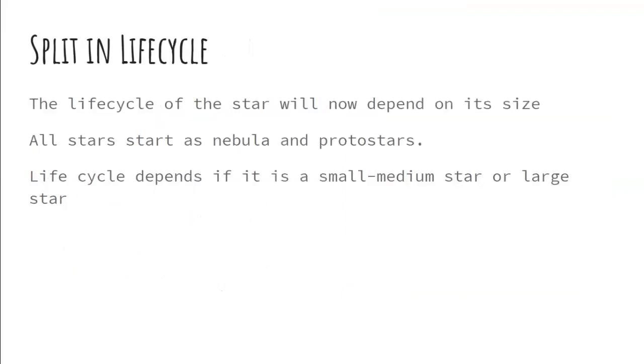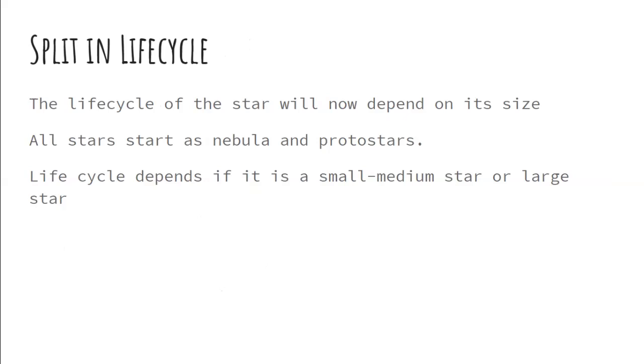So now this is where the first part of the life cycle will be split. This will be dependent on their size. As I mentioned before, all stars start as a nebula and protostars, but now they'll be different between a small medium star and a large star. And then the largest stars will also have a small split of how they end up later. We'll go over that.